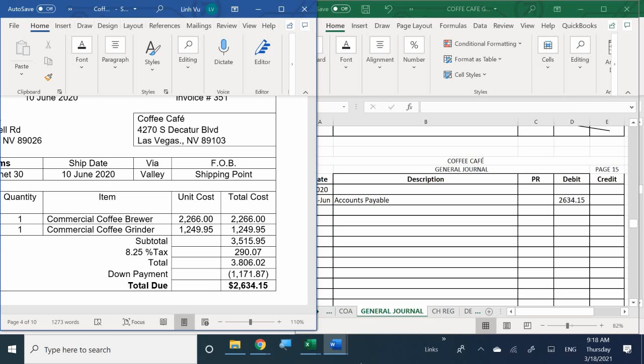Equipment. They're under the equipment account. Okay, good. Specifically, they're in their own sub-accounts. So where are we going to take the discount out from? Those sub-accounts would be coffee brewer and coffee grinder. Correct. Okay, so in this case, are we going to debit or are we going to credit the account?